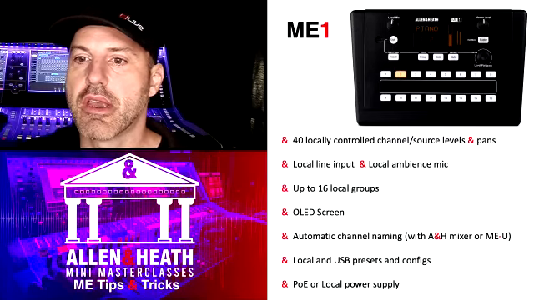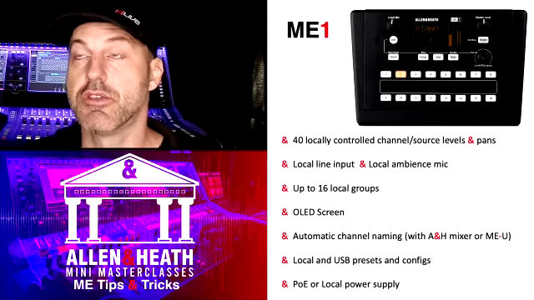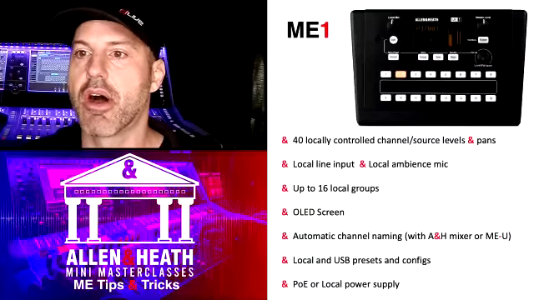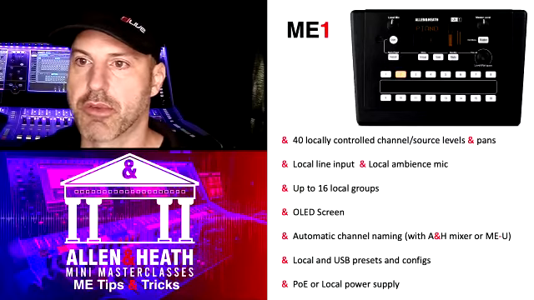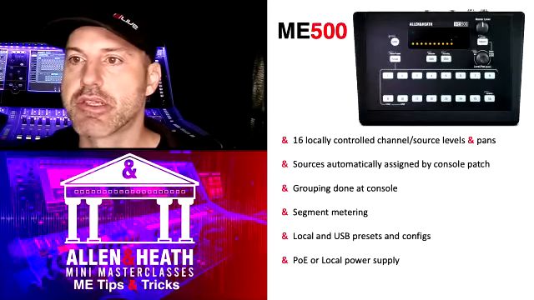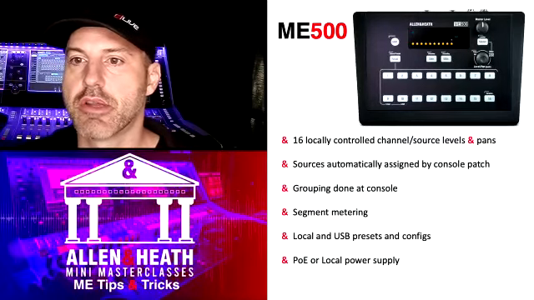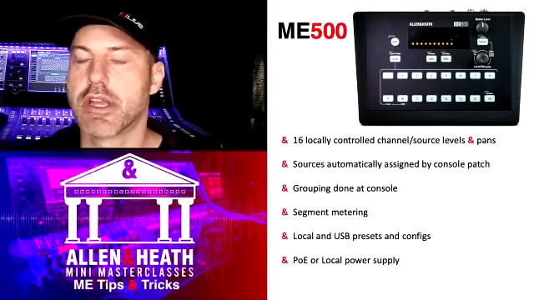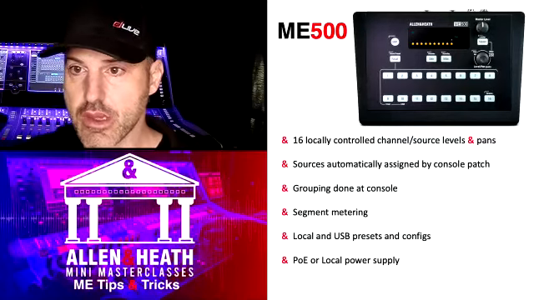Both units can be powered by PoE, power over Ethernet, so you can have signal and power on one cable, or you can use a local wall wart power supply for each unit. Me 500, very similar, same chassis. The main differences are that you've got 16 locally controlled sources versus the 40 on the Me 1.